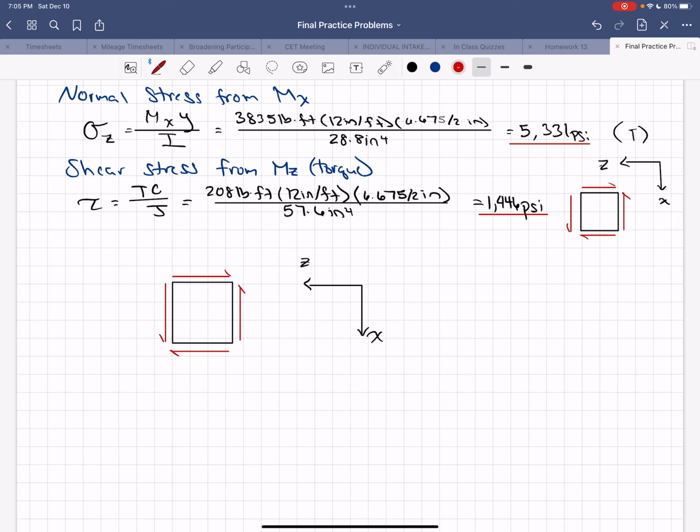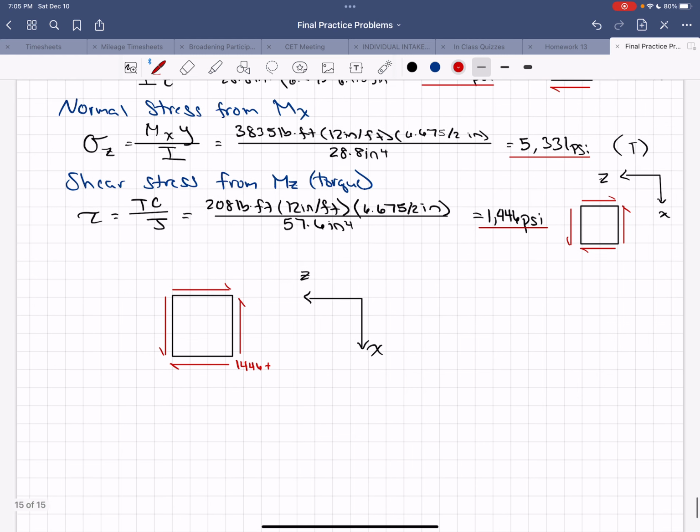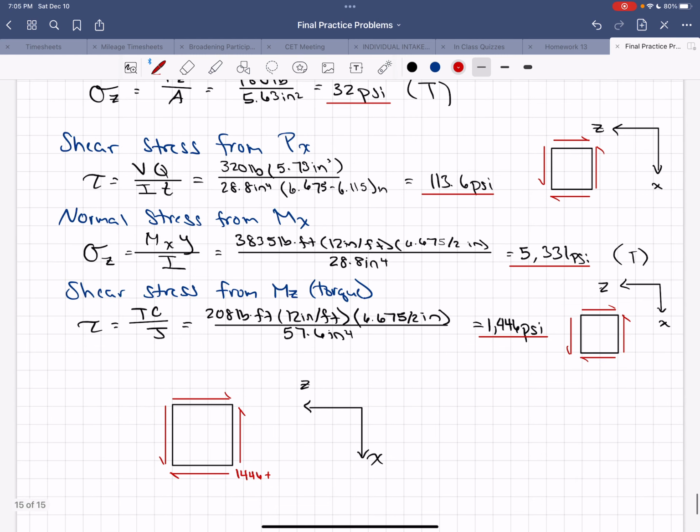So this is 1446 plus 113.6, and we get 1559 psi.